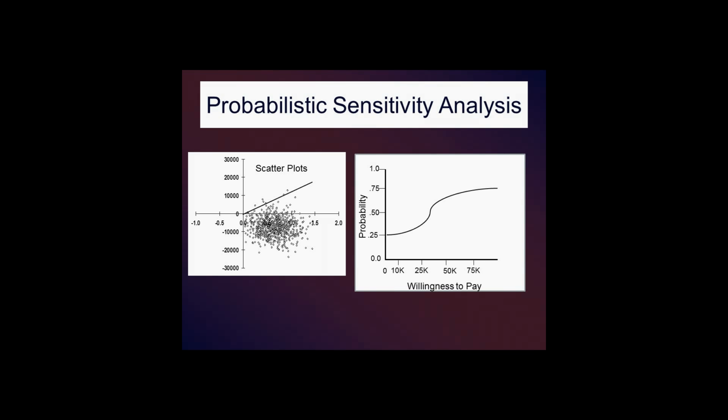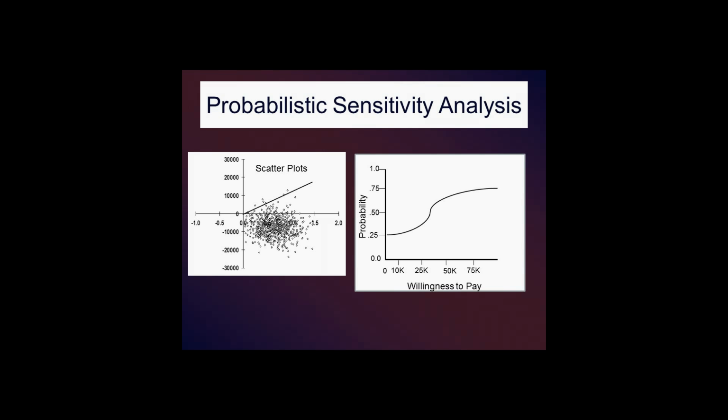Now, you can go to the other extreme. There's a 75% chance, no matter how much I'm willing to pay, that it's not cost effective. Or a 25% chance, regardless of how much I'm willing to pay, that it's not cost effective. And that means there's a 25% chance it doesn't work. So the effectiveness is maybe, you know, it can go either way. So these things can fall out.